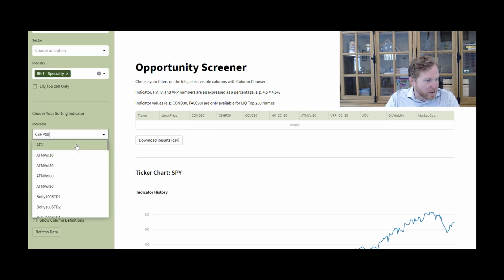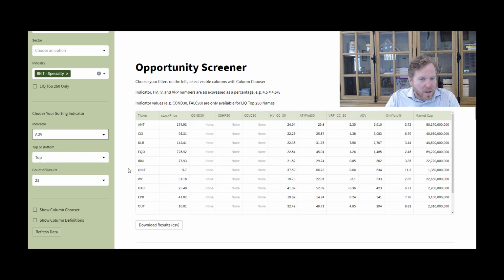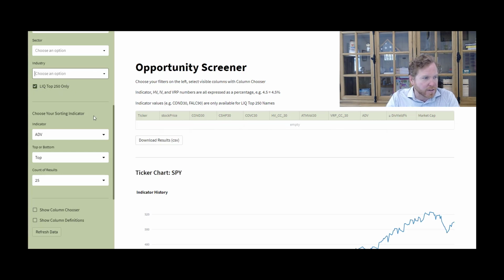Because cash put, they won't have any cash put values. So now I'm going to find my REITs with the highest dividend yield. That might be a better way to sort for these. So again, another good example of why I do include the non-top 250 here, because while there's okay liquidity in some of these names, they certainly don't crack the top 250.